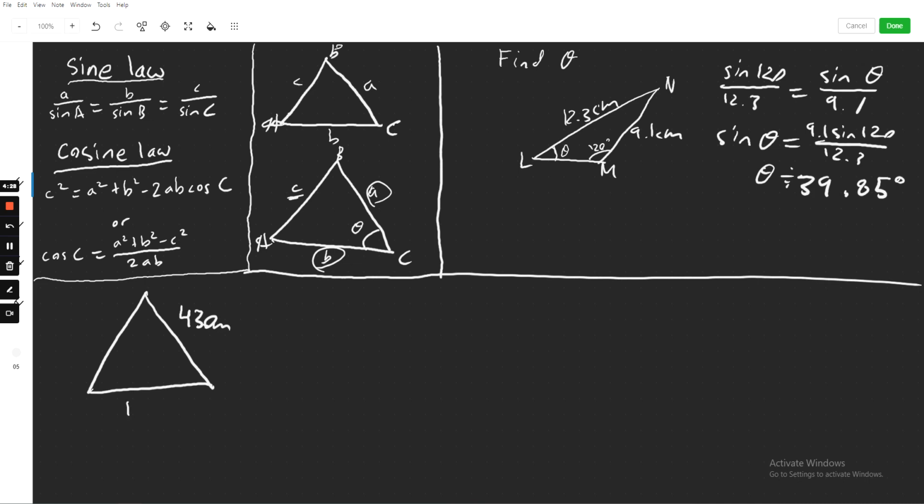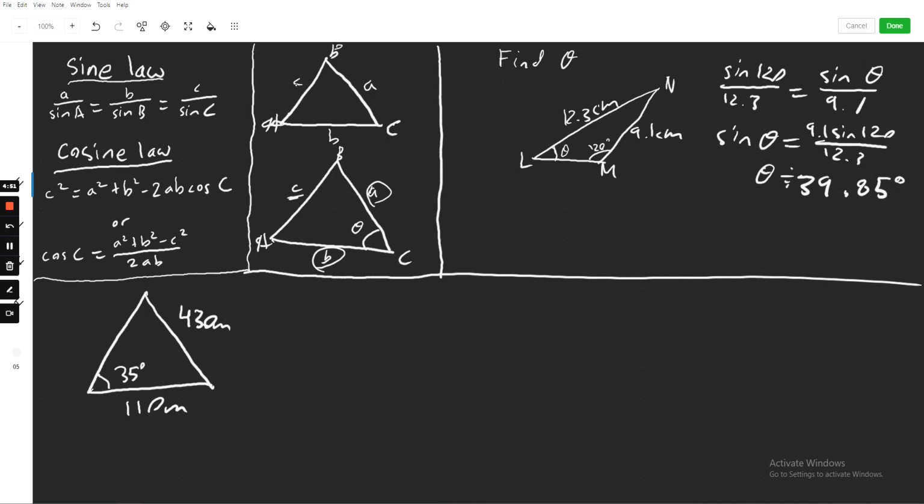The adjacent side, which is 110 meters. And it says that the angle opposite one of the sides is 35 degrees. Determine the other side length of the lot to the nearest meter, as well as all interior angles to the nearest degree.